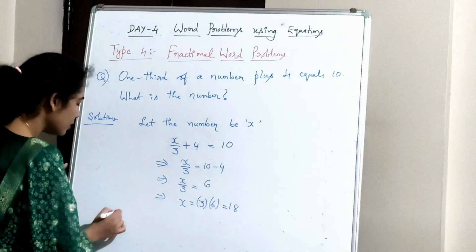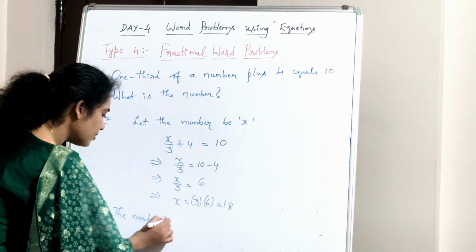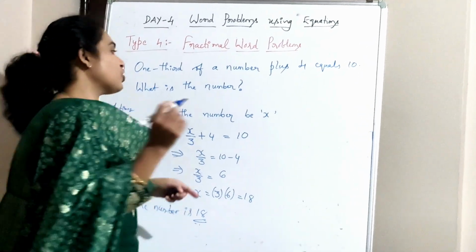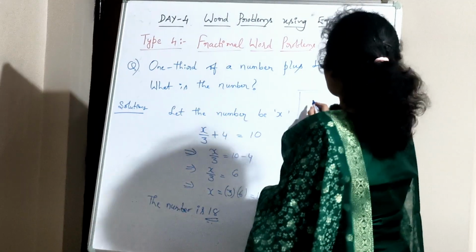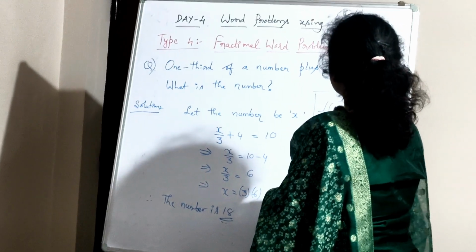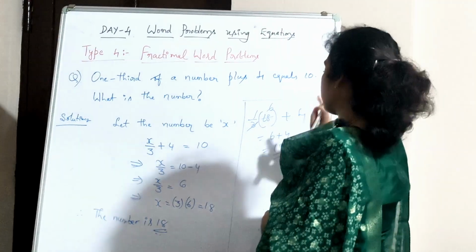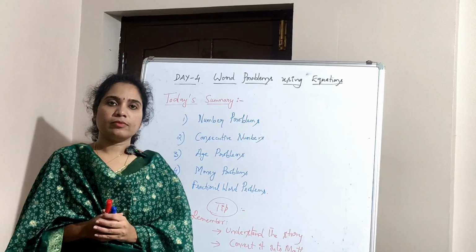Therefore the number is 18. So this is the answer. How do we check it? 1/3 of 18 is 6, 6 plus 4 is equal to 10. So the number 18 is the correct answer.